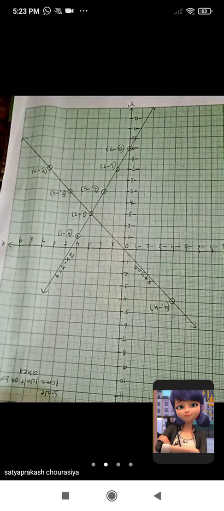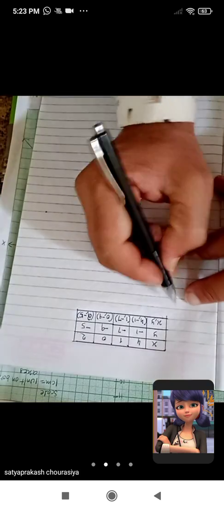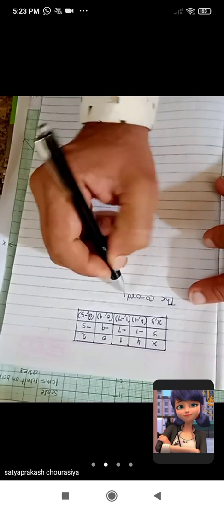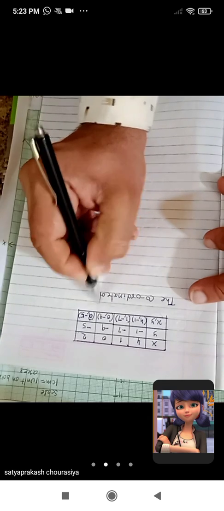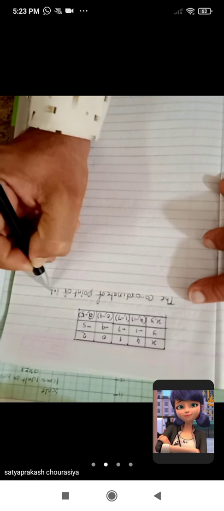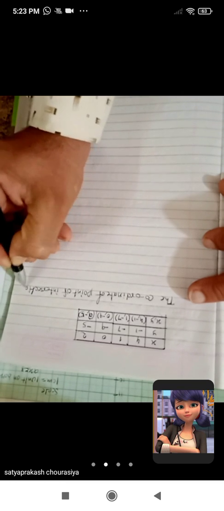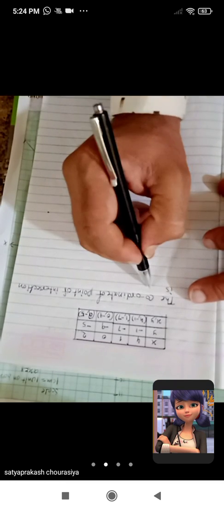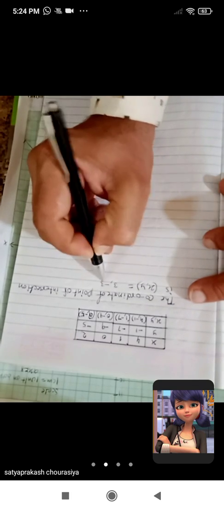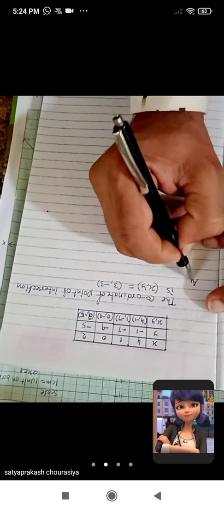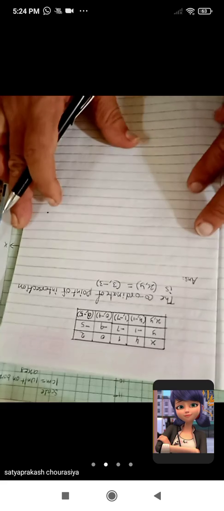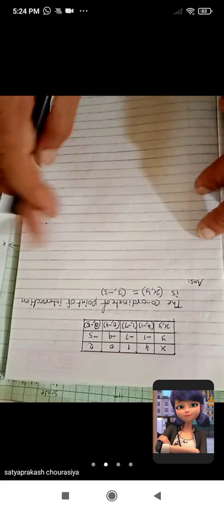So this we have to write down. The coordinate of the point of intersection is 3 comma minus 3. So x equals 3 and y equals minus 3 is the solution of the given simultaneous equations.